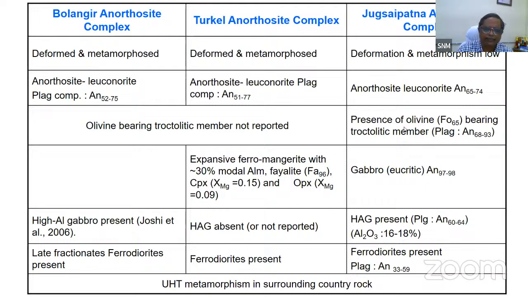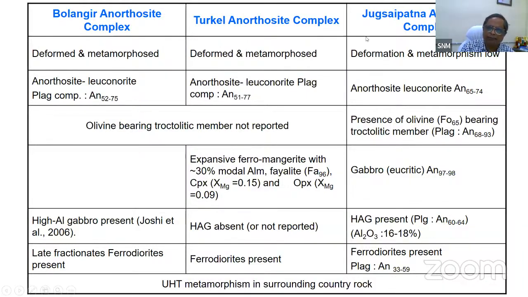This is a common thing that I have already said. One more thing that I would like to emphasize is that we have reported high alumina gabbro. This has petrogenetic significance, in that they possibly represent the parental melt composition of the massive type anorthosite complex.